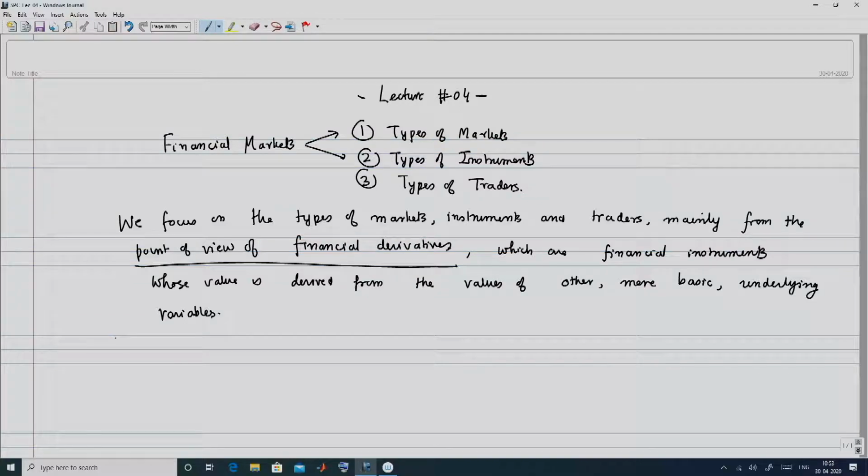So, now let us start off with types of markets.